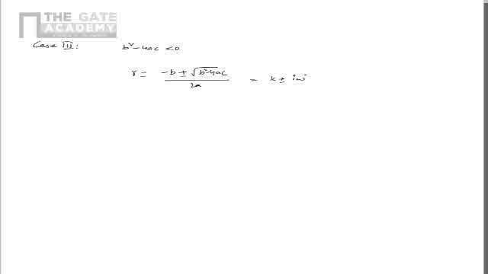So r will be a complex number and it is represented in this way. Obviously, one solution will be something like this, and another solution will be something like this.